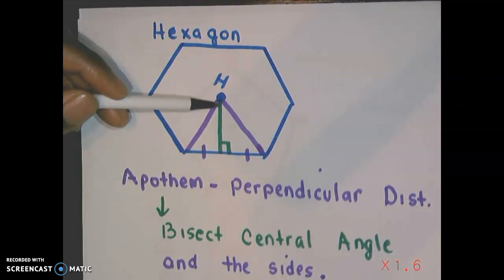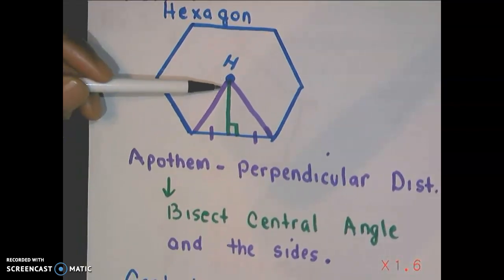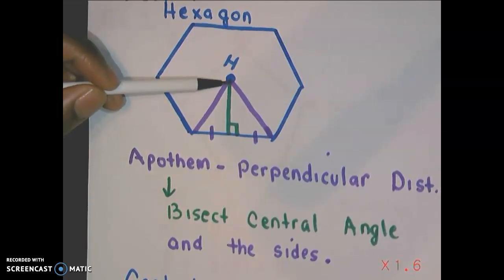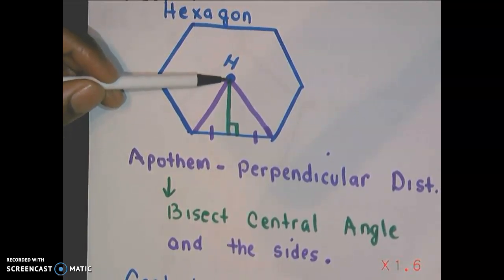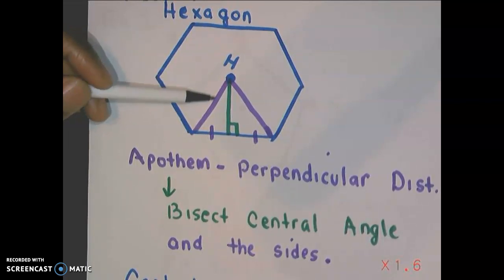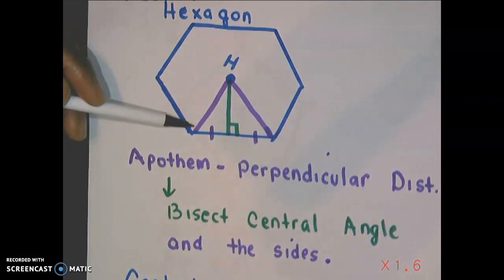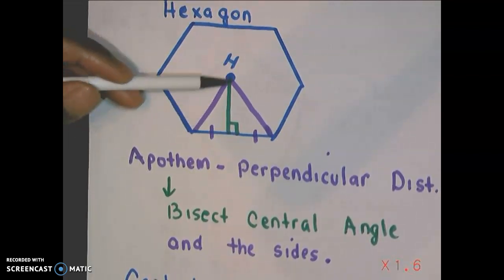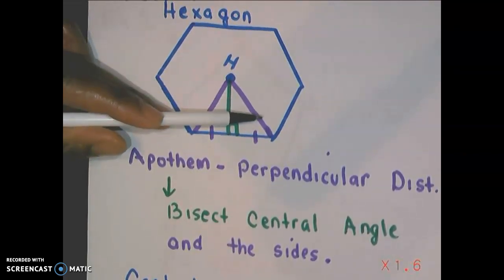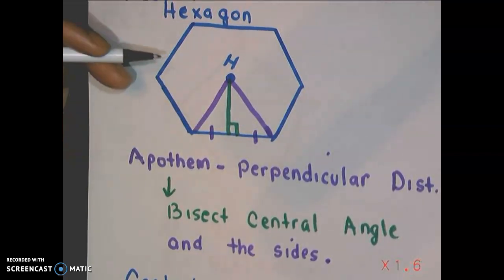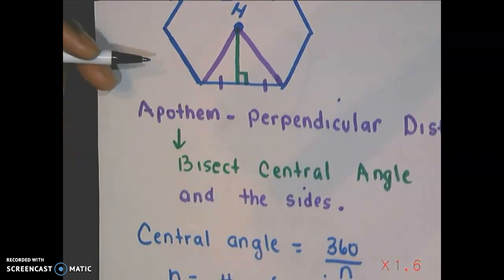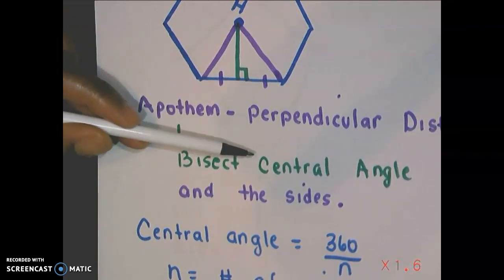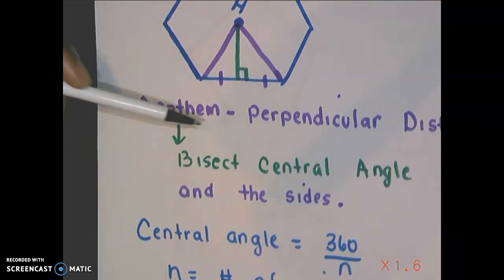If you look at this hexagon, H is the center. These purple lines, which I'll go into more detail on later, are the radii of the hexagon. What does the apothem do? It bisects the central angle and the side.